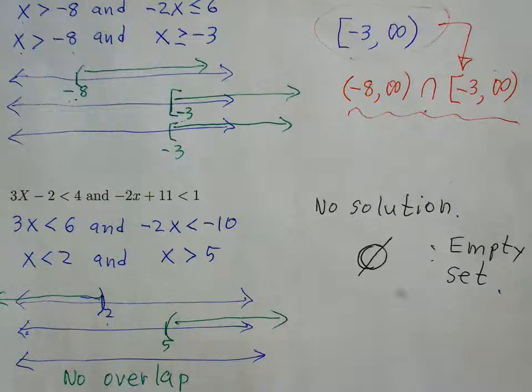On this last problem, when we divided the 6 by 3, should we switch the sign to x is greater than 2? When I divide both sides by 3? No, since I divided by positive 3, the inequality stays the same. It's when I divide both sides by a negative that I have to switch.